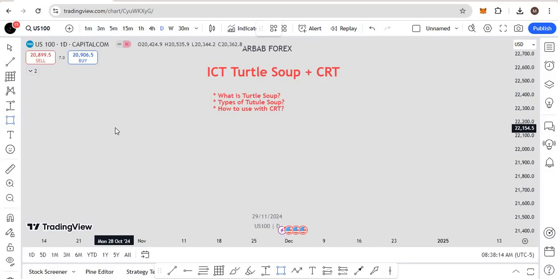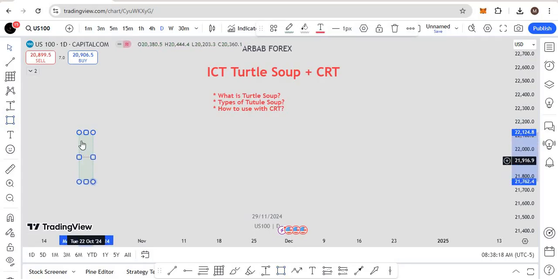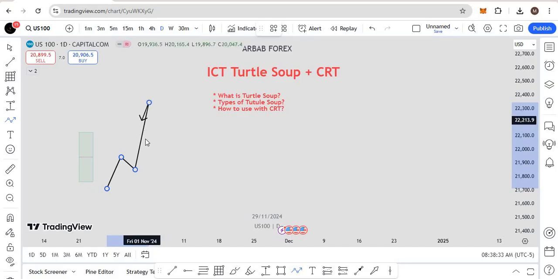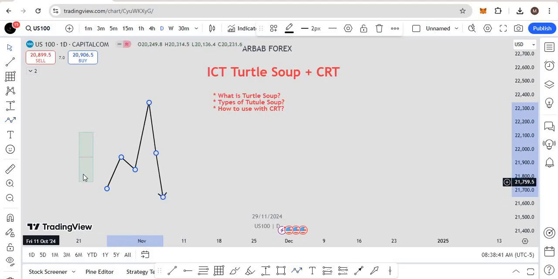For example, this is a swing point, the candle swing point, high and low. Turtle soup will go to that area, purge it, and then come back. It takes the liquidity of the buy side and then aims for the sell side. So this is the turtle soup.